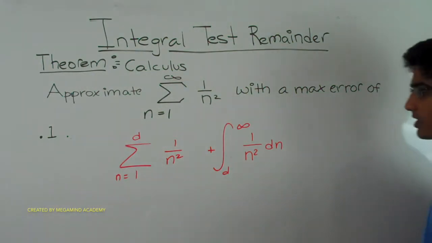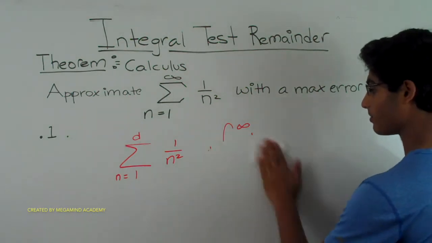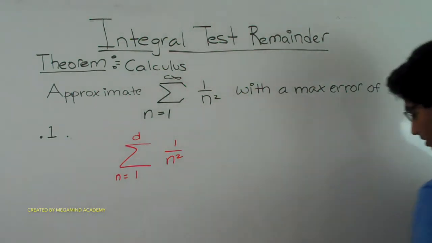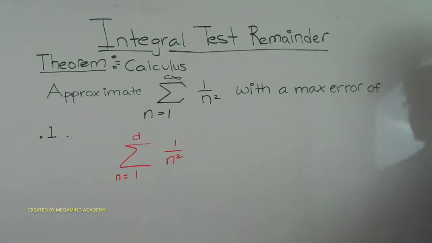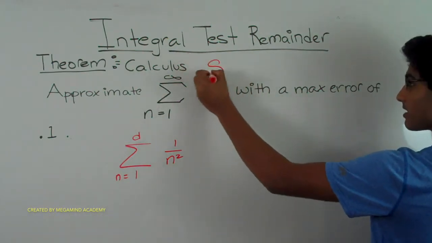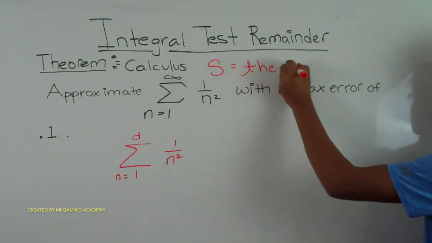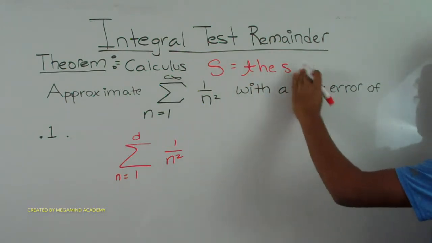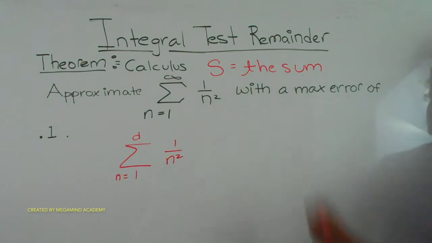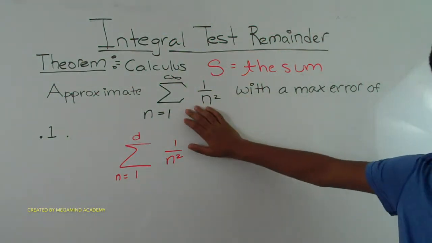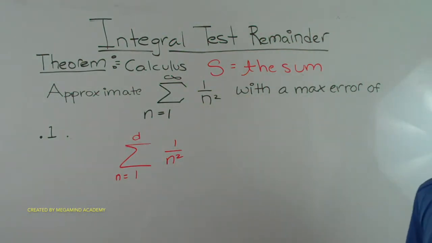So first things first, let's get some things cleared out. Some notation that we're going to be using now is S is just the sum. So essentially S is just this sum, so you're just shortening it up to make it look cleaner.